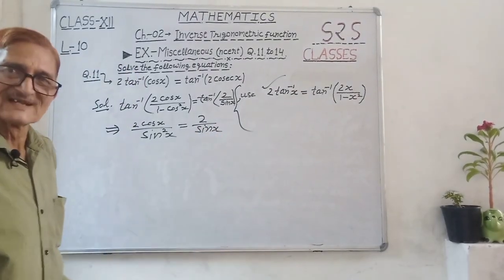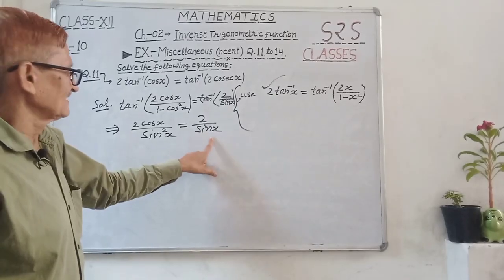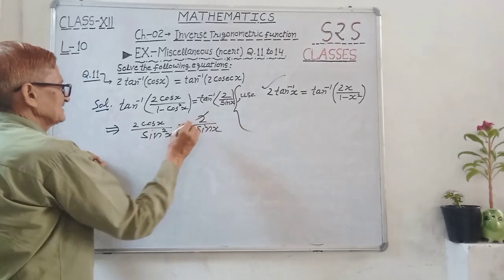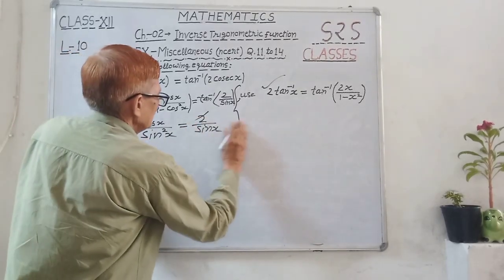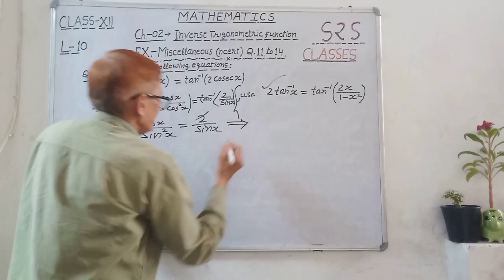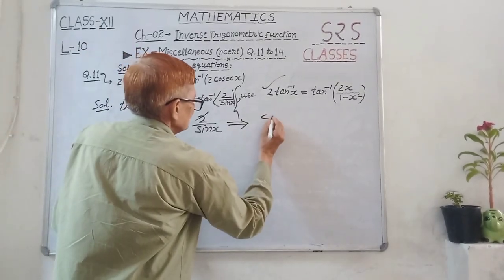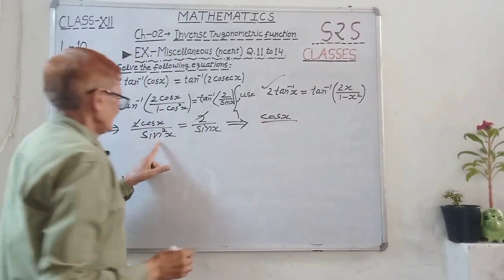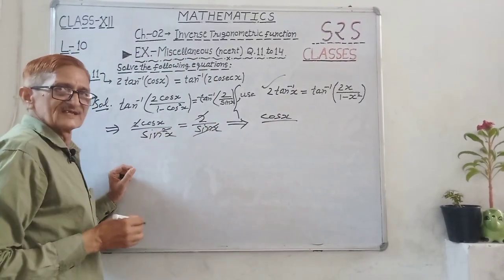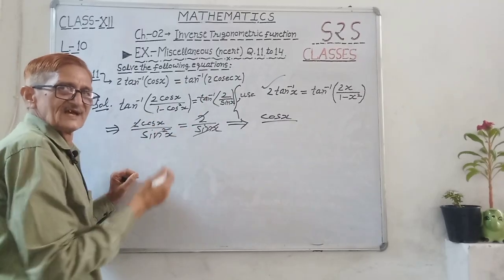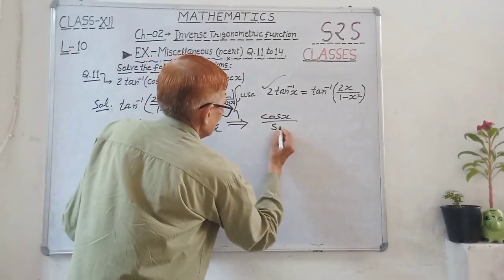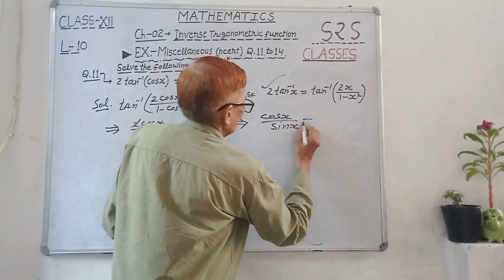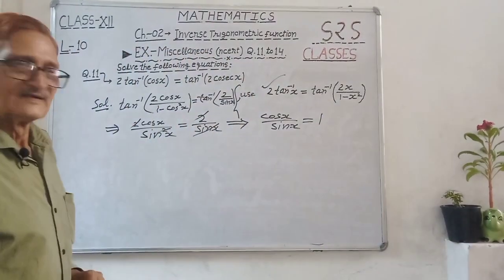Okay, in this equation, the denominators are sin x and sin square x, so one sin x will cancel. And 2 will cancel with 2. Then what will be left? It will be simplified: cos x upon sin x is equal to 1.